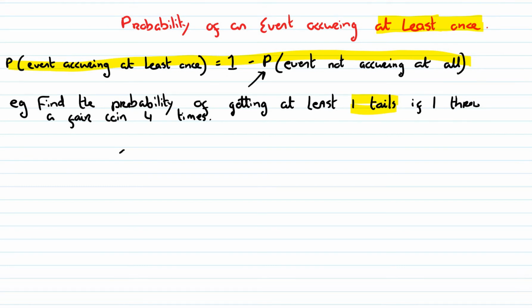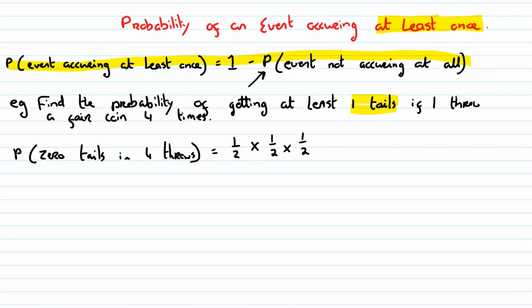Okay, so let's find out the probability of no tails. So probability of 0 tails in the 4 throws. Okay. Well, probability of not getting a tail the first time is a half. Okay. If I don't get a tail, I have to get a heads. So that's the probability of a heads coming up. And again, probability of not getting a tails the second time is another half.